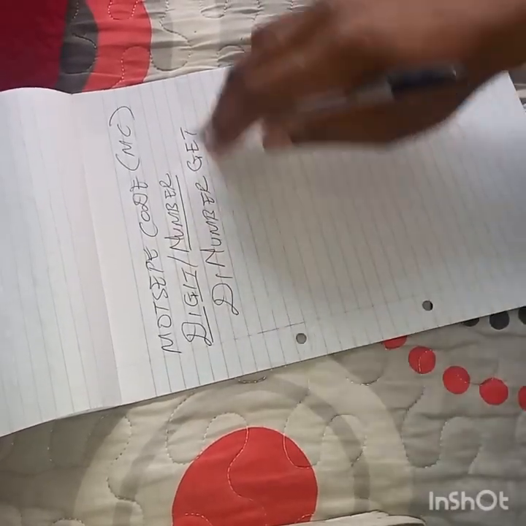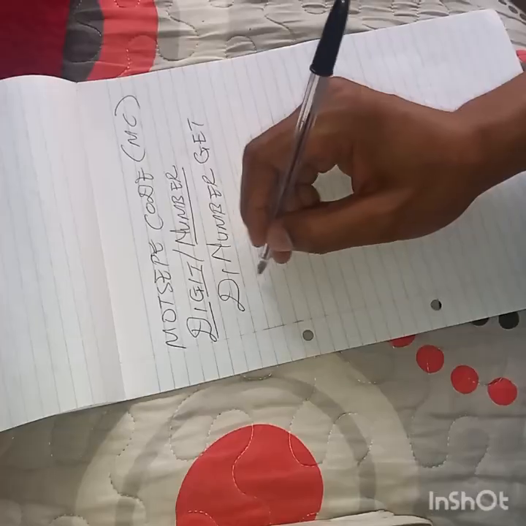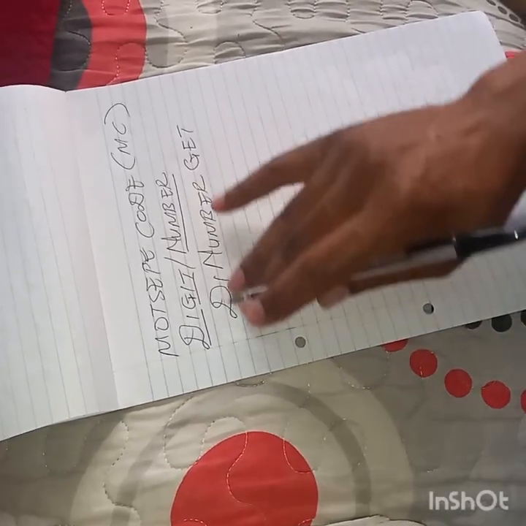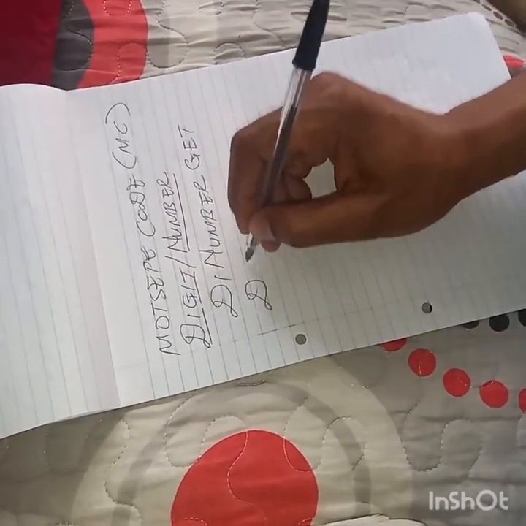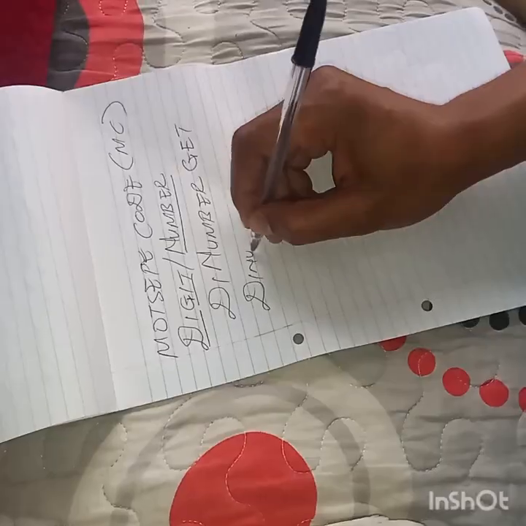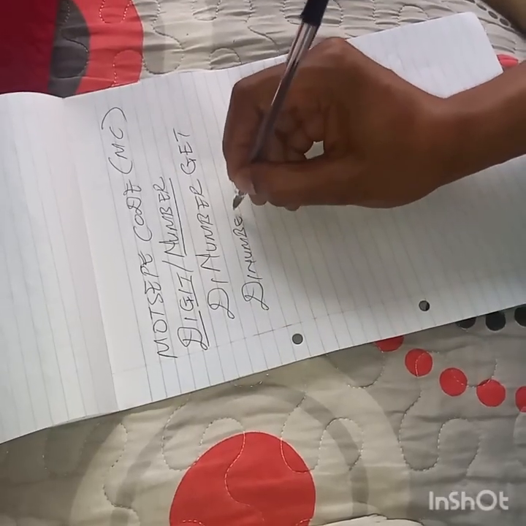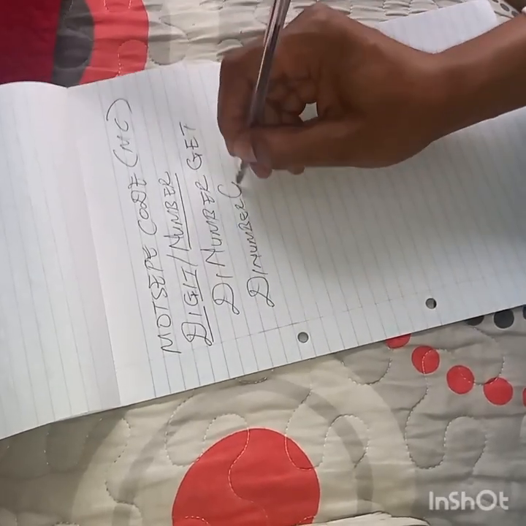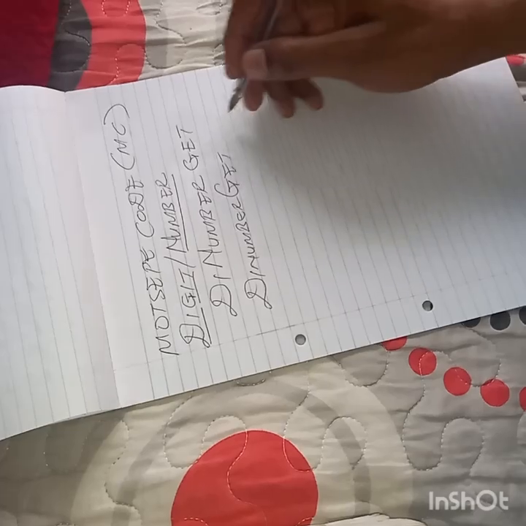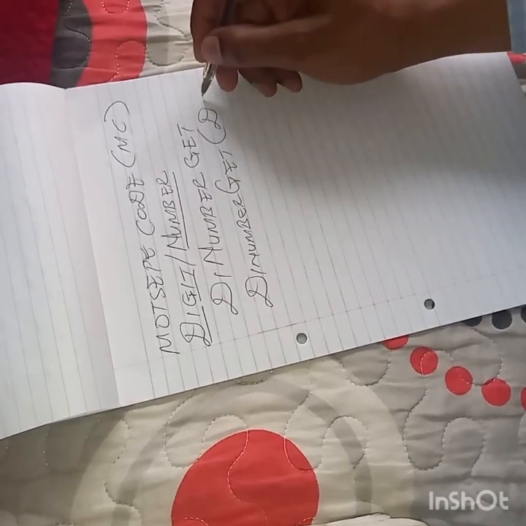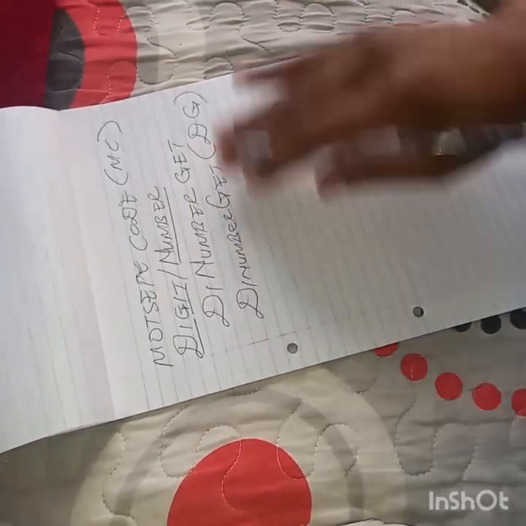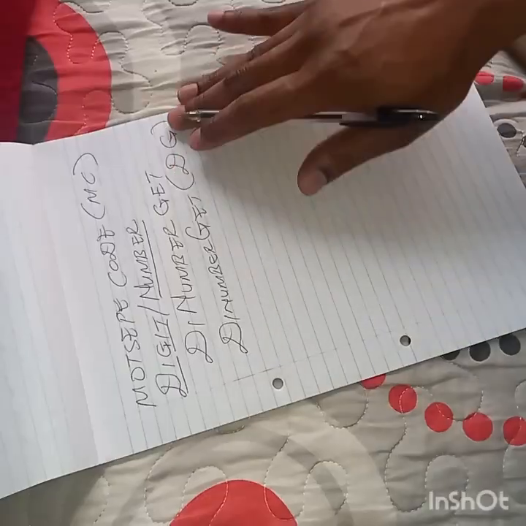And then it becomes like that. Then along the way I said alright, let me give it like this, E number get, of which is DG. Alright, anyway, that's how the name came about.